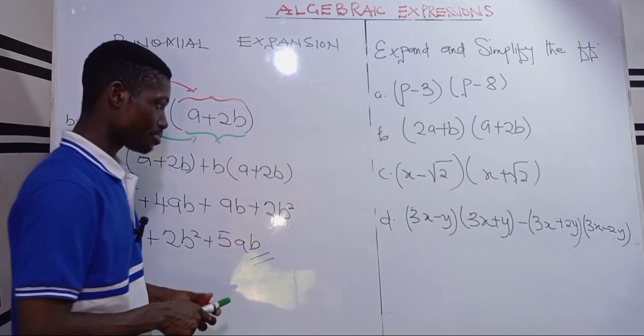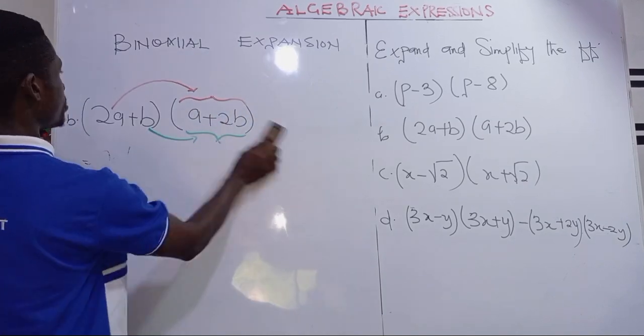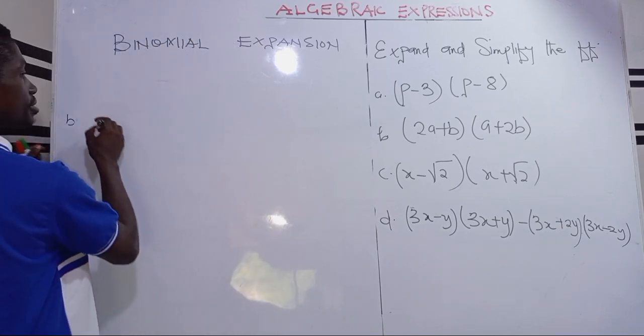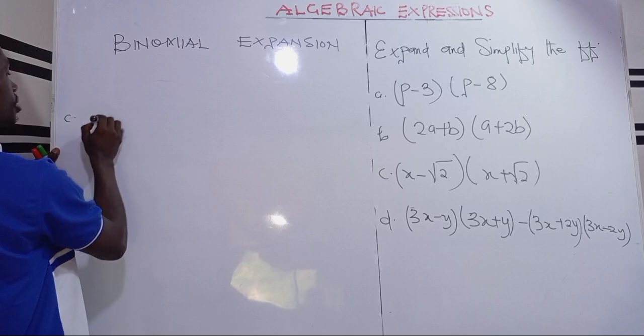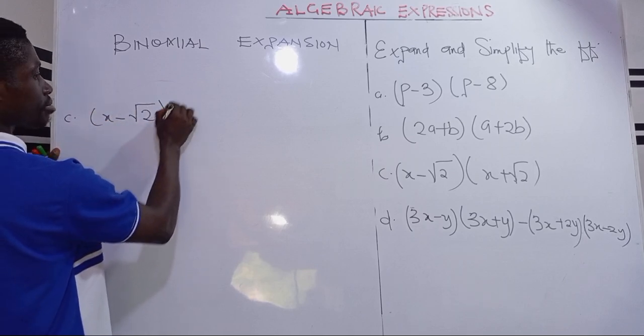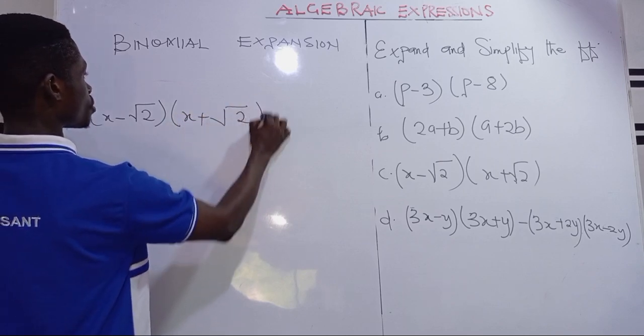Okay, good. So we have example C. We have x minus root of 2 multiplying x plus root of 2.